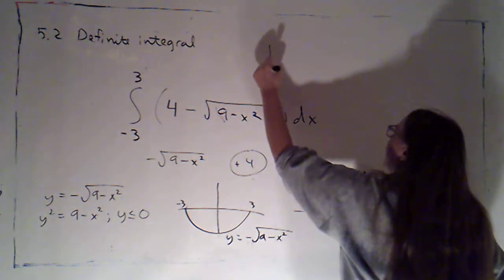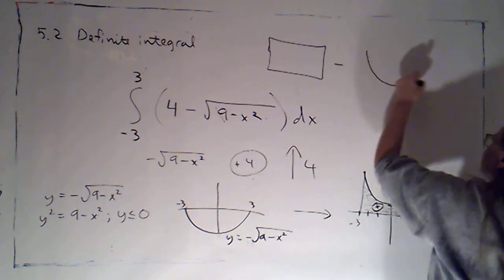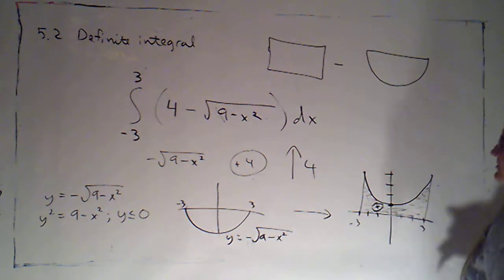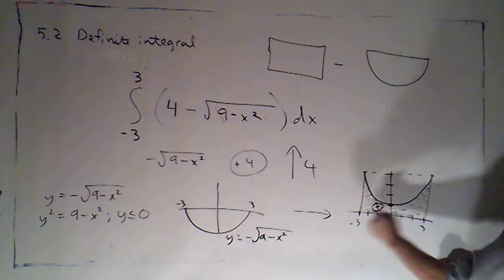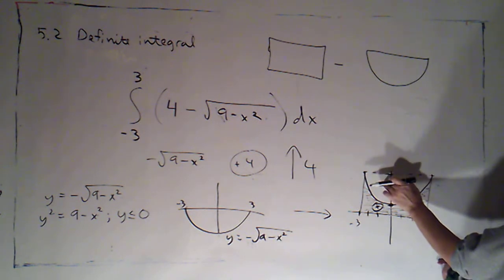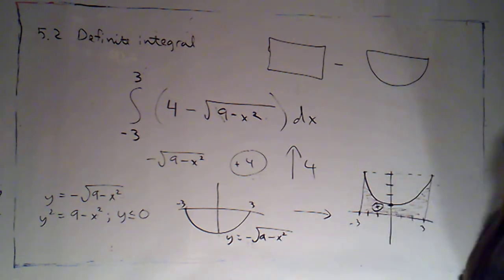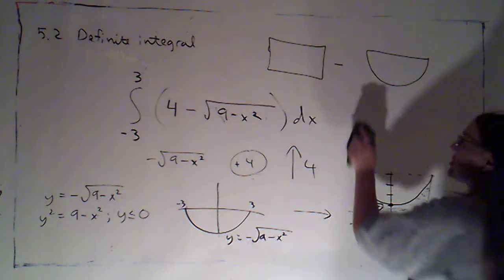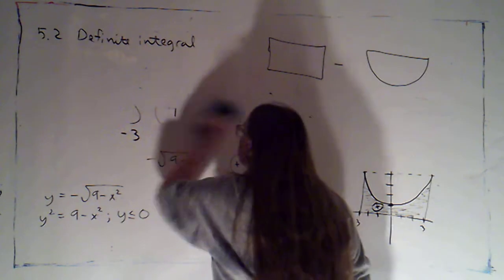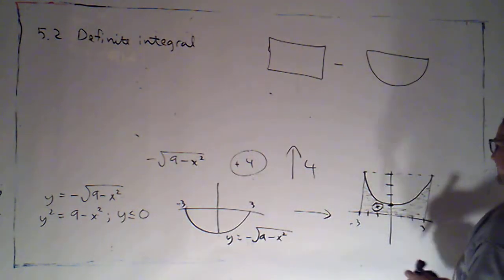I'm going to view that as the rectangle minus the semicircle. If I had a line here, I could get this rectangle, and I'm just removing half of a circle from it. So this shape by itself isn't one that I have a geometric formula for, but that shape is one that I can build by combining things that I have a geometric formula for.